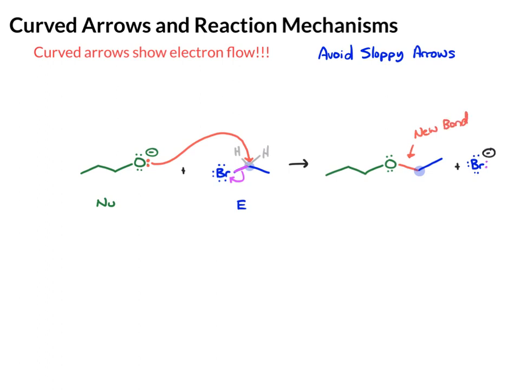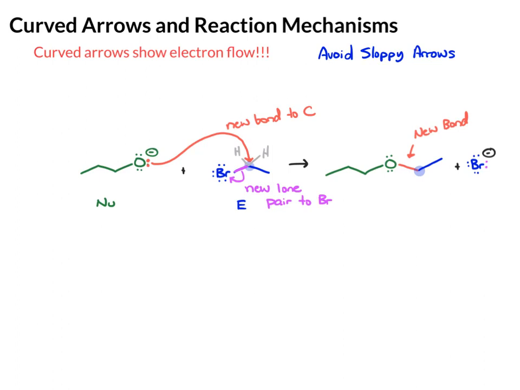As far as how we look at these curved arrows in the reactants, the red arrow is showing a new bond to the carbon. This pink or purplish arrow is showing a new lone pair to the bromine. Just a couple of other notes.